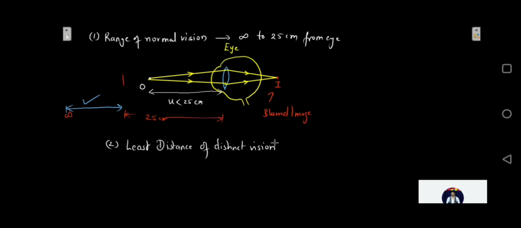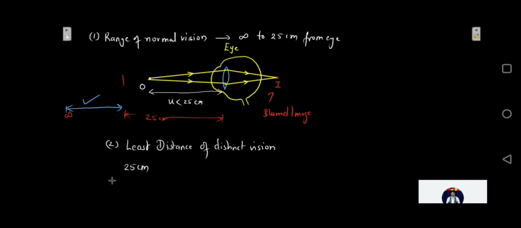As discussed earlier, the least distance of distinct vision for a normal eye is 25 centimeter. So if the object is lying in front of your eyes at 25 centimeter, you will be able to see it clearly. If you get it more nearer, it will be blurred out.